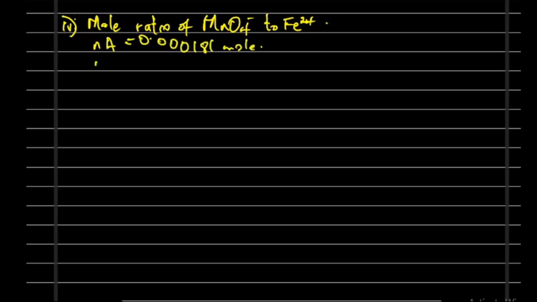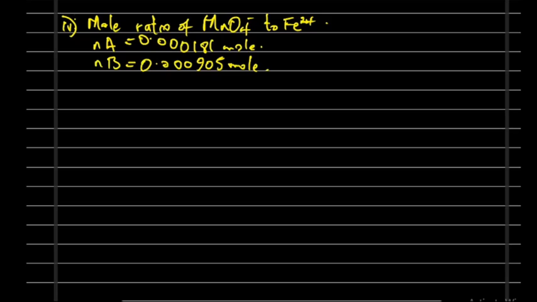So NA equals 0.000181 moles, and we have our NB to be 0.000905 moles.